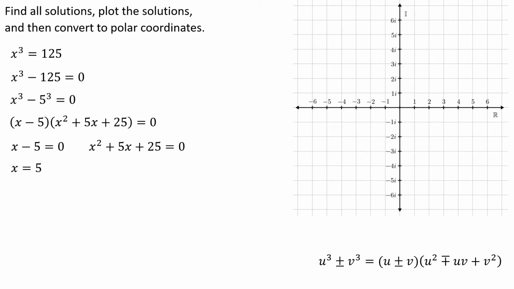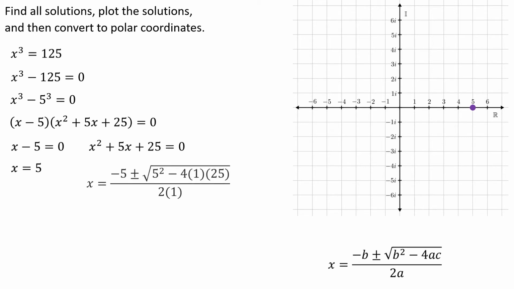X squared plus 5x plus 25 will not factor. So I'll have to use your friend and mine, the quadratic formula. So minus b becomes minus 5. B squared is 5 squared. 4 times a times c will be 4 times 1 times 25. 2 times a becomes 2 times 1.